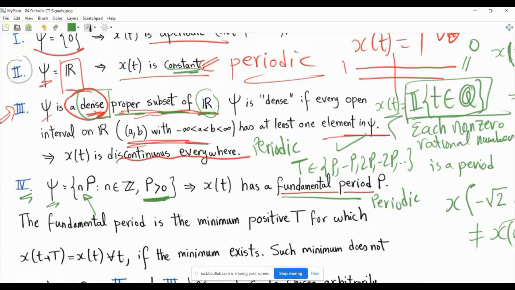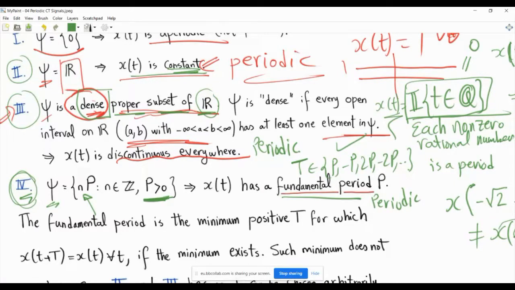Now, for 2 and 3, there is no fundamental period. There is no fundamental period defined. So the fundamental period is a concept only if your periodic signal is here. There is no fundamental period for constant signals.